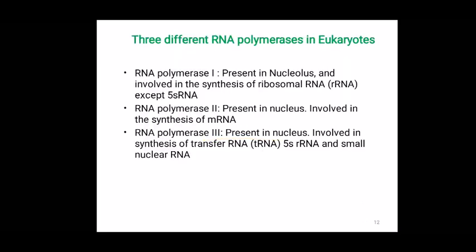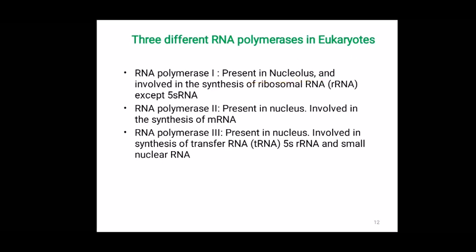Now we will see the functions of the three different RNA polymerases present in eukaryotes. First is RNA polymerase 1. Its main role is the synthesis of ribosomal RNA or rRNA, except 5S RNA, and it is mostly present in the nucleolus.